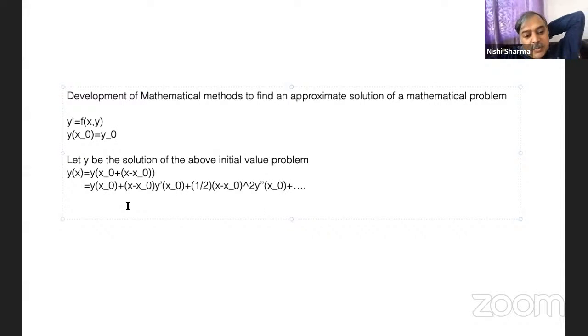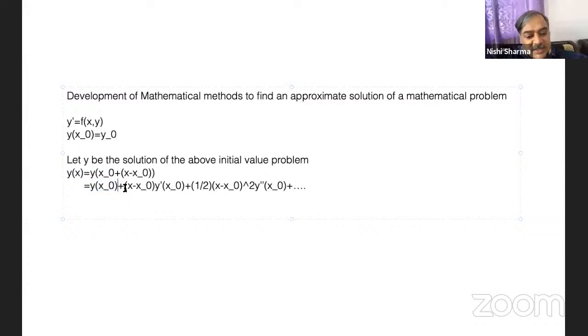Now we look that if everything is known on the right hand side, then it's fine, we have done. So now look whether this first term is known to us. Yes, sir. Is this x minus x naught known to us or not? This is also known to us, where I am looking for the solution at a point.